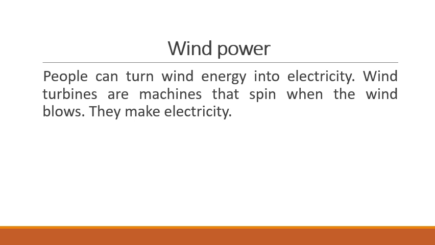And turbines are machines which are used in order to turn and move when the wind blows, and therefore at the end you can produce and make electricity. So that's the meaning of this paragraph on wind power.